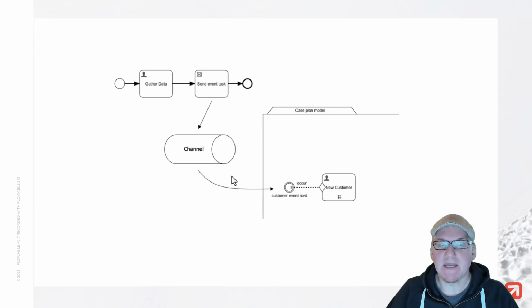In between, we have the channel that does the transmission of the event for us. At the moment, as mentioned, we will just use an internal channel, but later on we will use the channel models to call an external messaging infrastructure that does the transmission of the event for us.